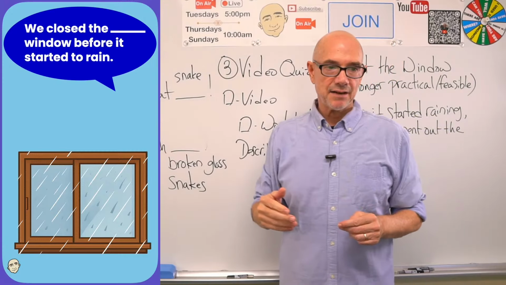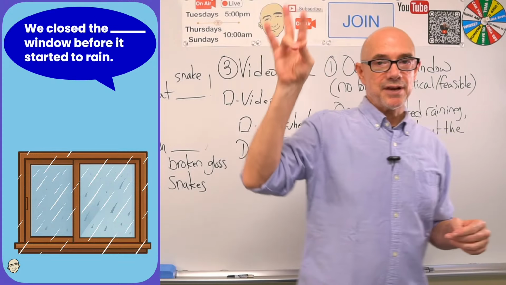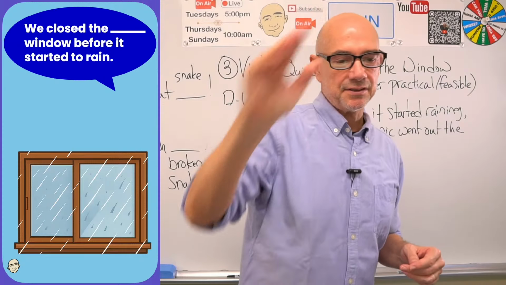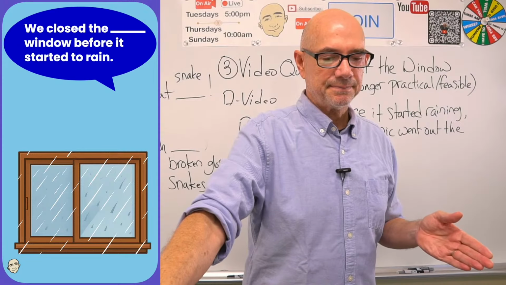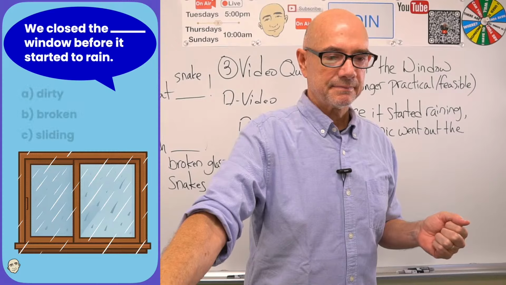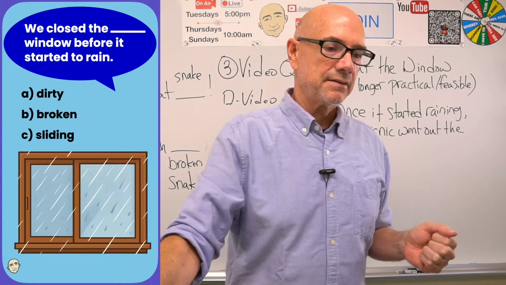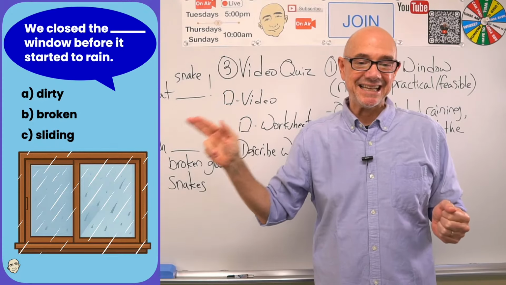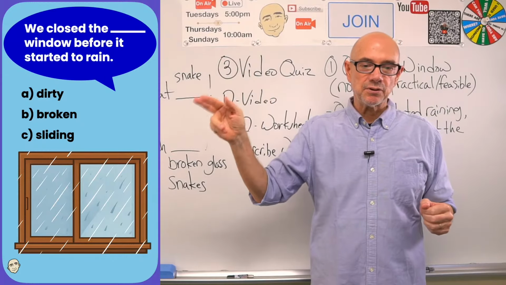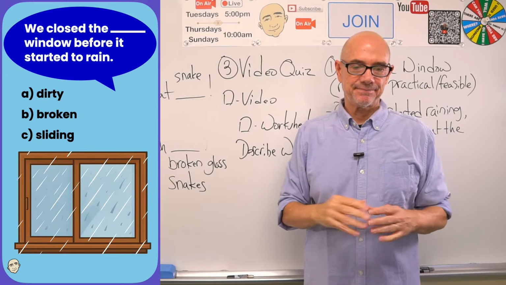Okay, what are the 3 options here, right? Let's check out the 3 options. Okay, the 3 options are dirty, broken, sliding. Dirty, broken, sliding.